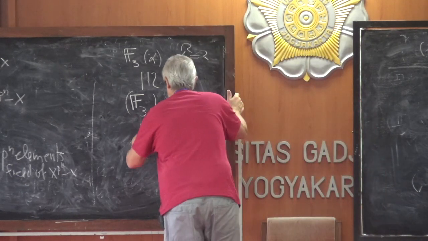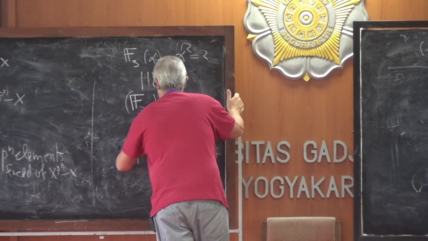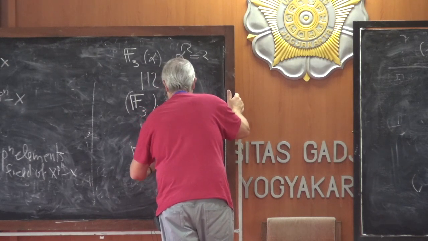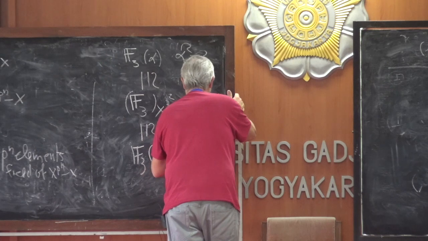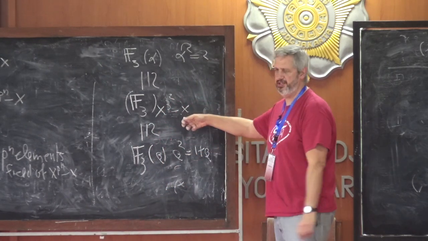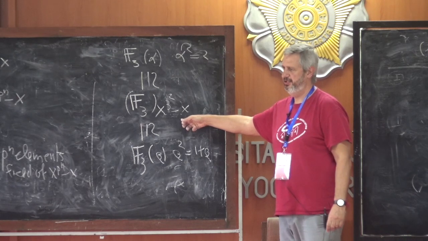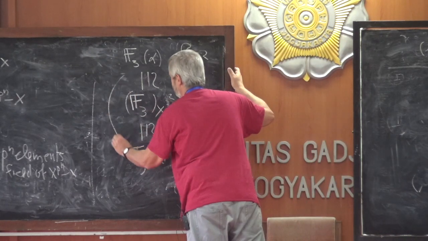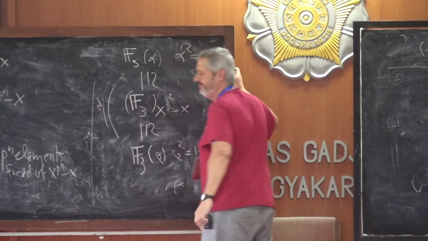But also F3 of beta, where beta squared is equal to 1 plus beta, is also isomorphic to this splitting field. Okay? So these two are isomorphic.